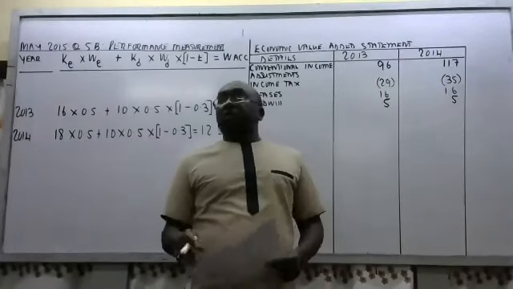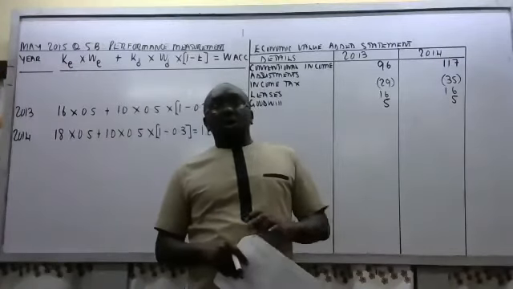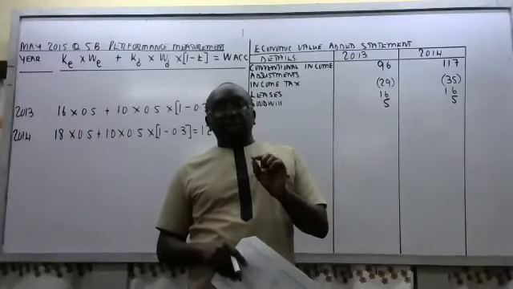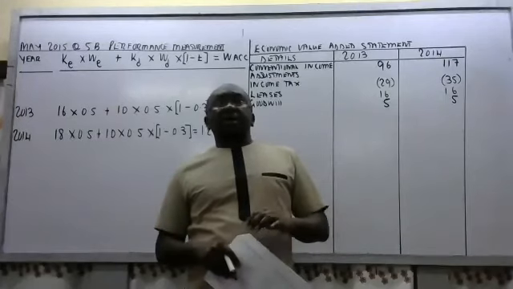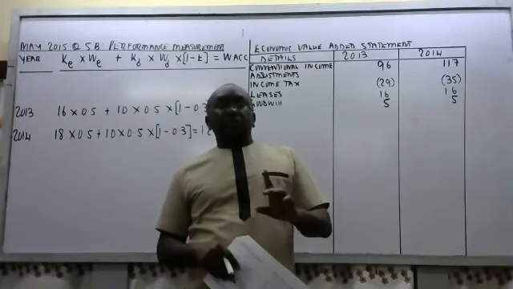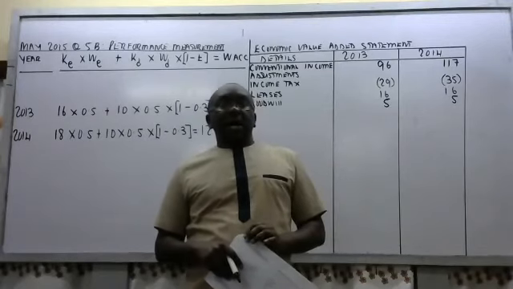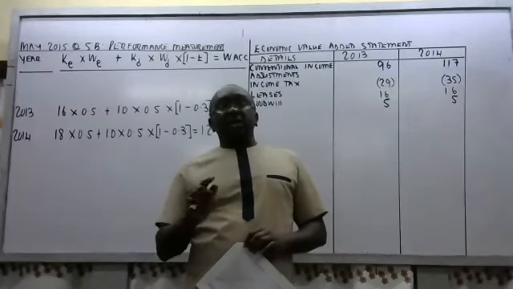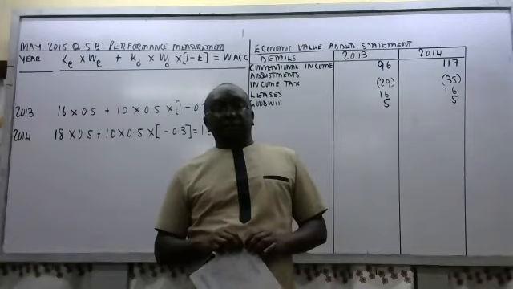So I told you when it comes to depreciation, there is what we call cost depreciation, which is the one used in financial reporting. If you come across cost depreciation, you are supposed to add it back, and then you subtract what we call economic depreciation.